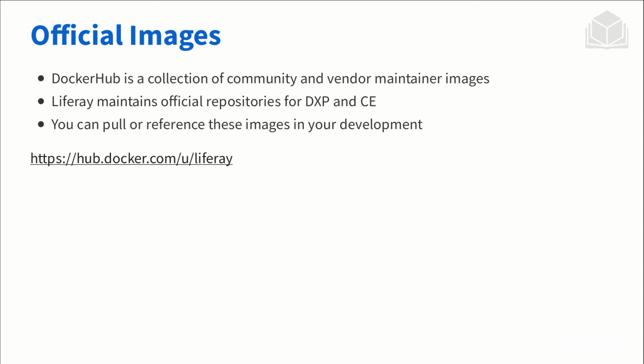Now, Liferay provides standard Docker images for Liferay DXP and for Liferay CE, by the way, as well. However, we do not use them because we want to teach you how to build an image from source, basically from a bundle. We're going to use Tomcat for this.